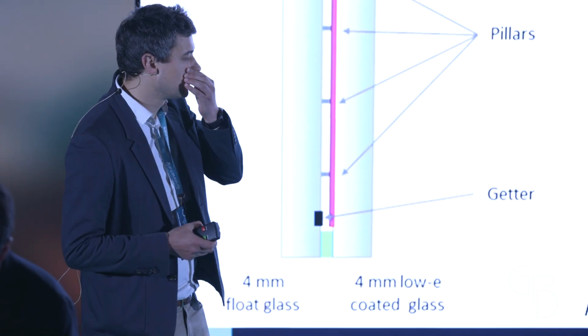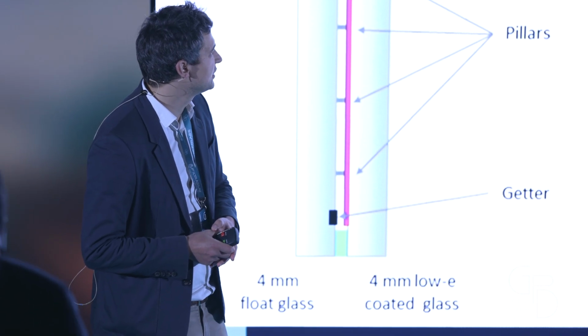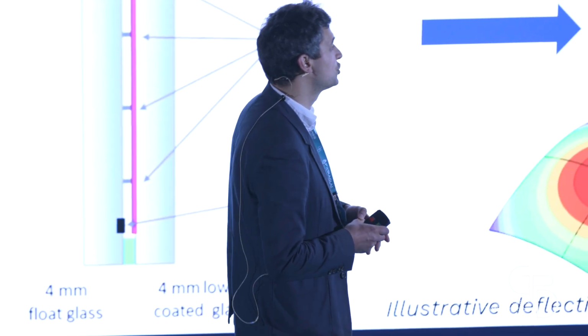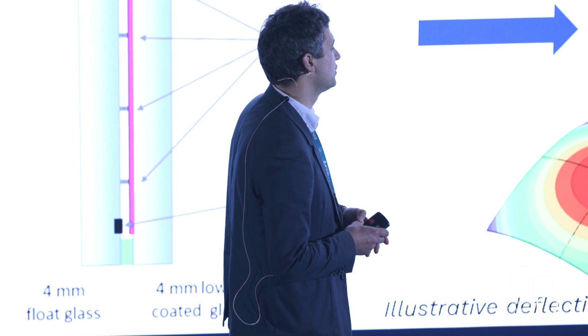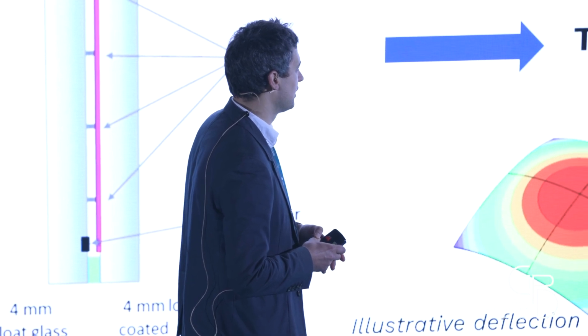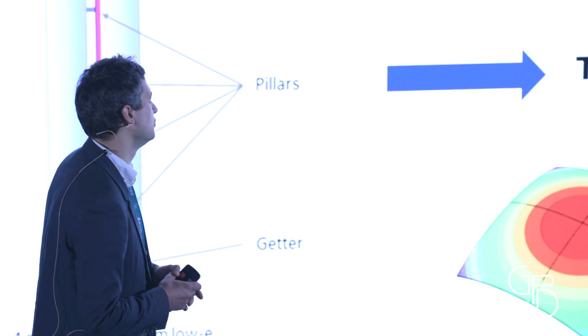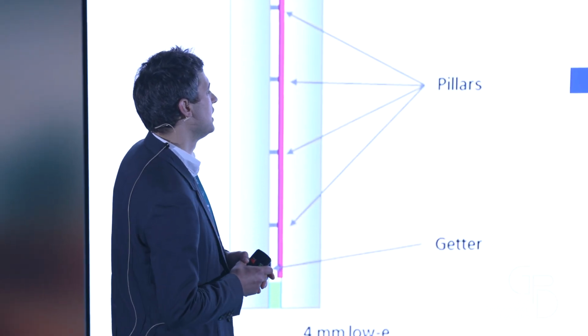So the thermal load, as I said before, is the most critical one to consider, and you should respect strict installation guidelines to enable the VIG not to break, let's say. Why?